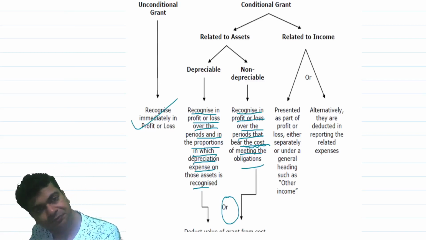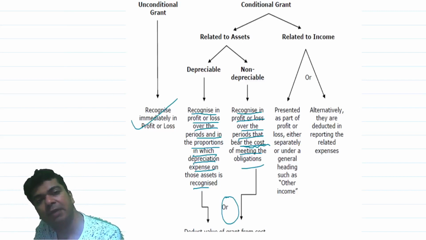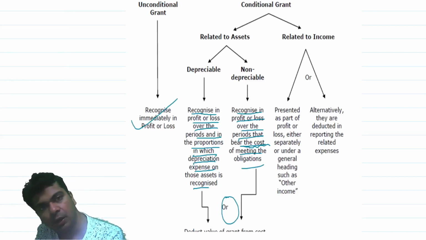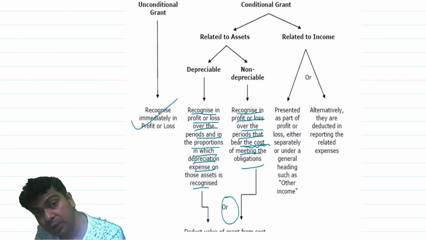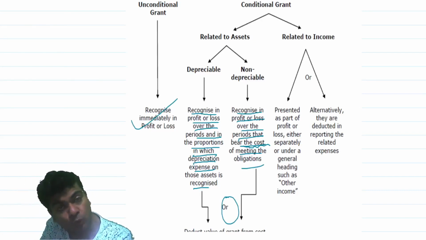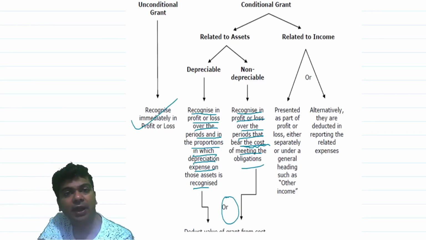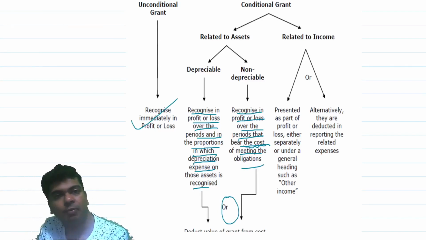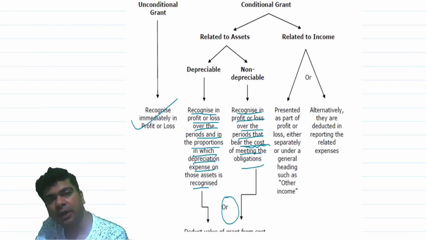Two choices. Let us say the salary expense is 10 lakhs and as per the government scheme, I am getting a government grant of 3 lakhs of rupees. Possibility number one, credit 3 lakhs to your P&L. Possibility number two, credit 3 lakhs to the P&L but make it a part of other income. In both cases, 3 lakhs is getting credited to the P&L, but one way is that you show it separately, another way is you make it a part of other income.